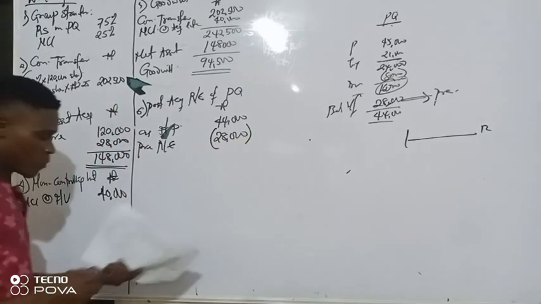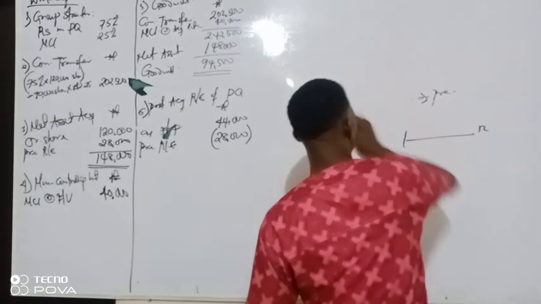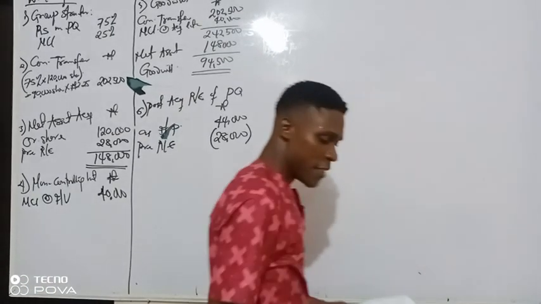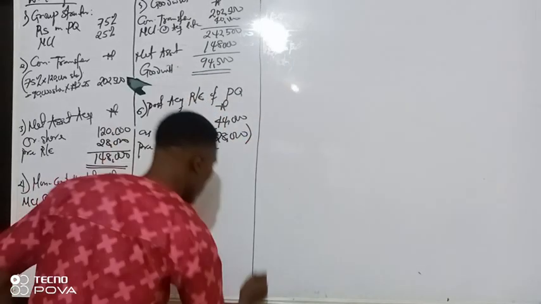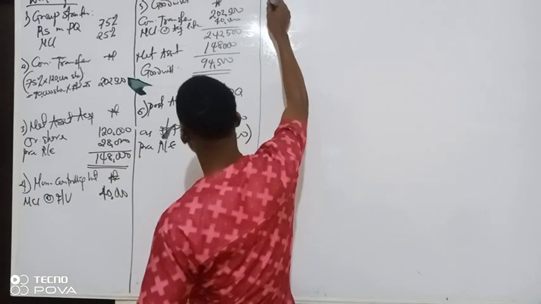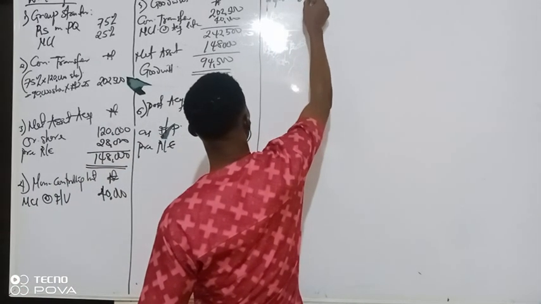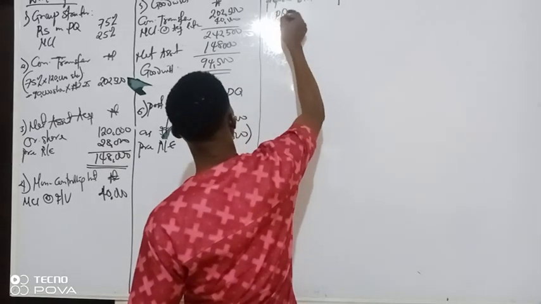Don't forget that PQ itself proposed a dividend. Let's calculate the proposed dividend declared. Dividend proposed by subsidiary. Proposed dividend by PQ.